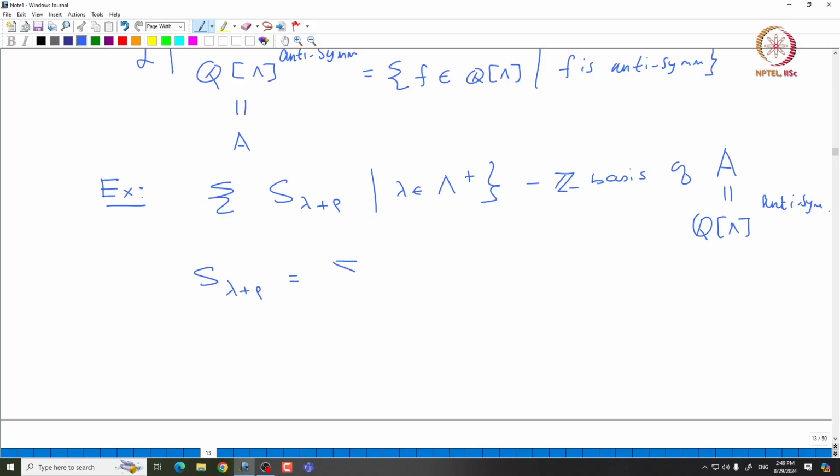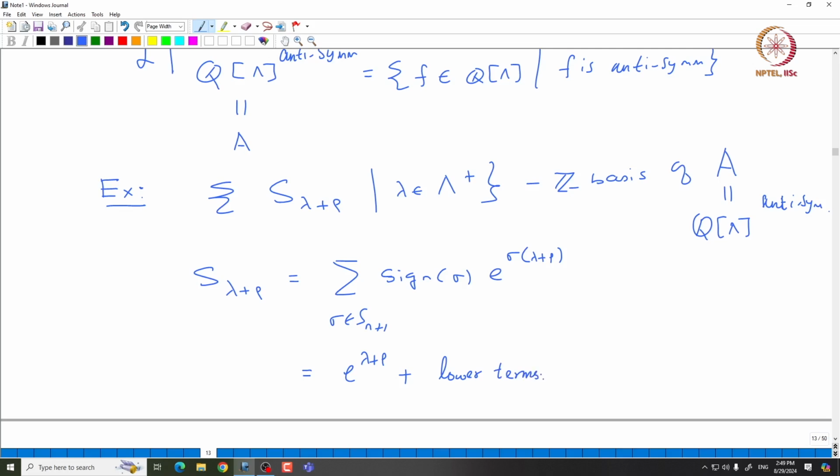The s_{lambda+rho} is defined to be the sum of sign of sigma e^{sigma(lambda+rho)}, where sigma runs over S_{n+1}. Then you can easily see that this can be written as e^{lambda+rho} plus some lower terms.